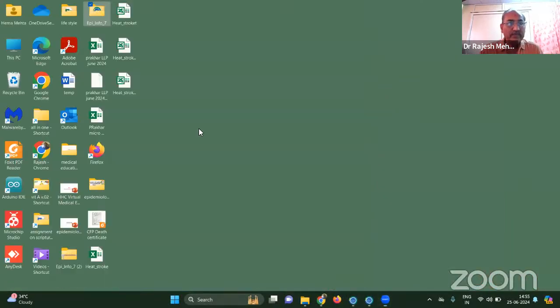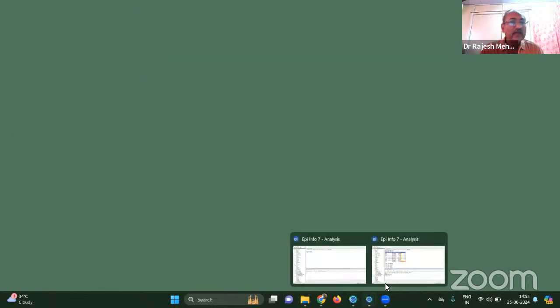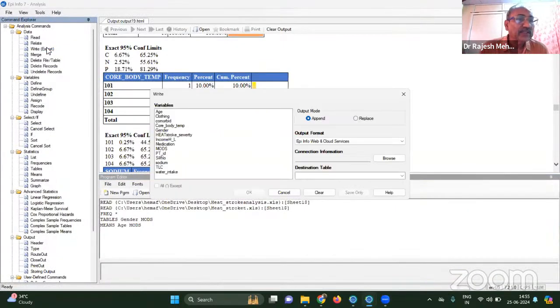If you want to see it, I have a possibility of sharing the screen and I can show you the 15.4. There's something like export over here. You can see the export and then you can replace or append.